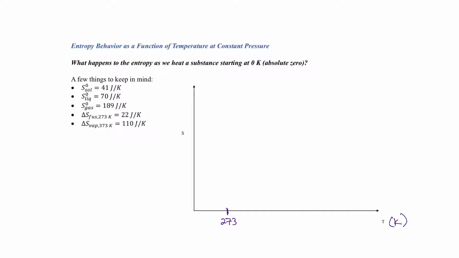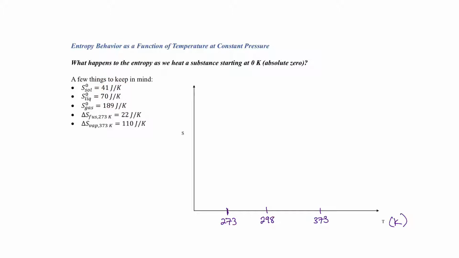So our temperature is going to be in Kelvin on our x-axis. And then let's say our room temperature, 298 Kelvin, and put our boiling at 373 Kelvin right there. So those are going to be our anchor points to start with. And then likewise on our y-axis for entropy, we have some anchor values given here.